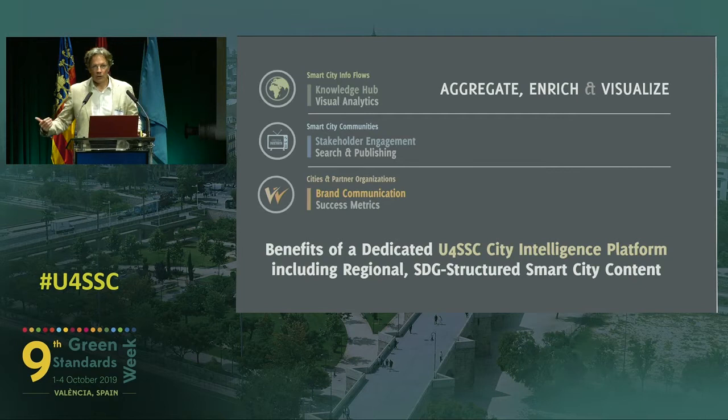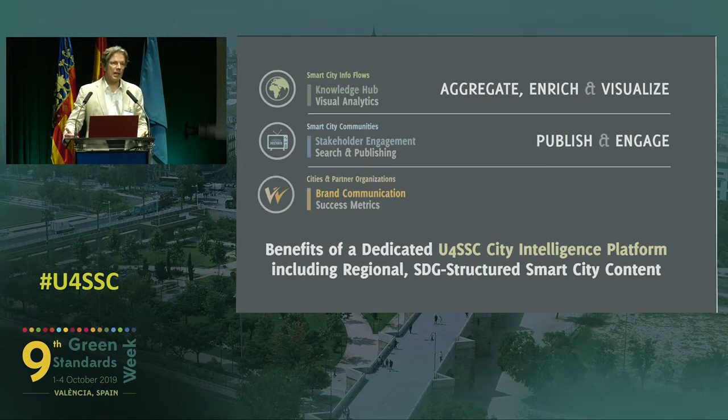When we transform this concept to smart, sustainable cities, there are three main areas of application, and I will present a couple of examples each. The first one is to serve as a knowledge hub, to aggregate, enrich, and visualize information. So not only the structured data that describes processes, innovations, and workflows, but also the human communication that surrounds all these processes. The second part is the publish and engage part.